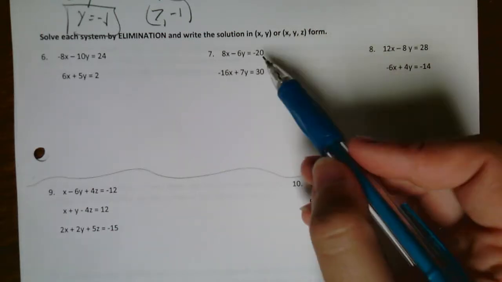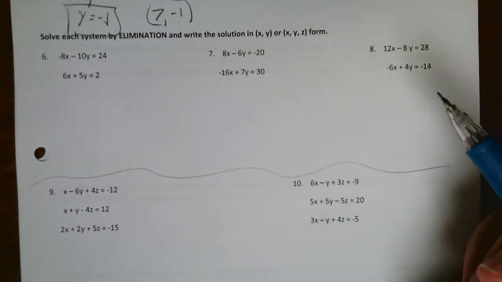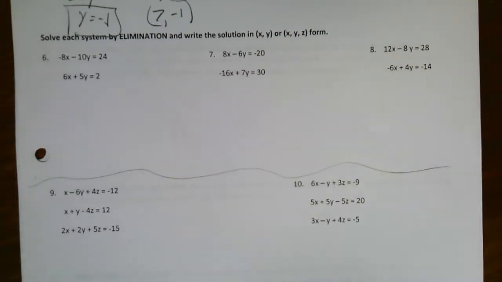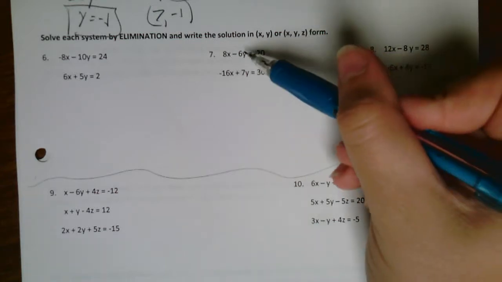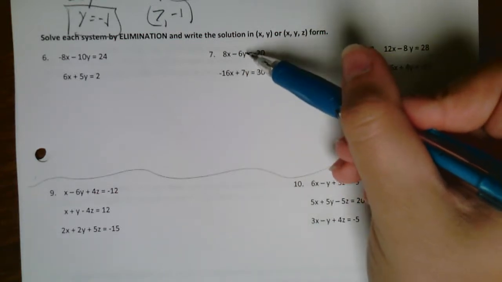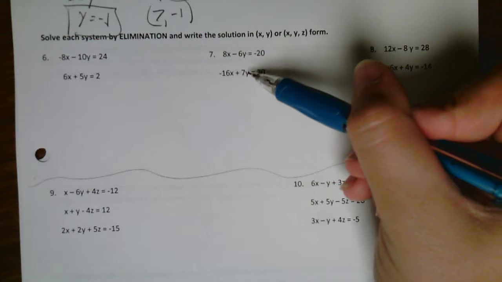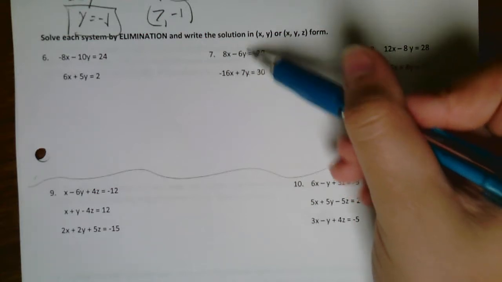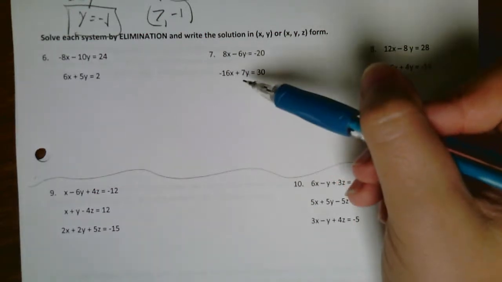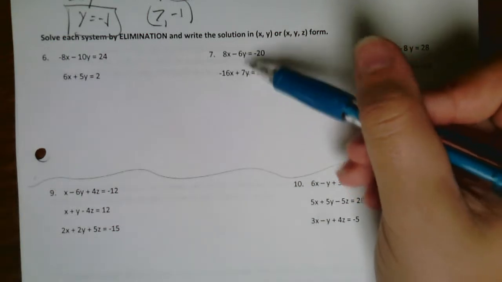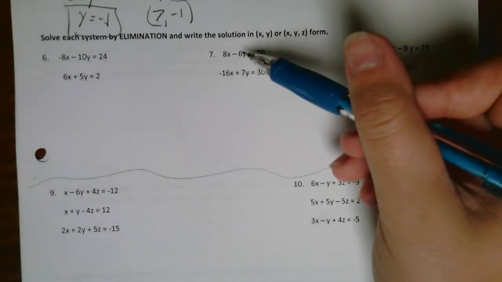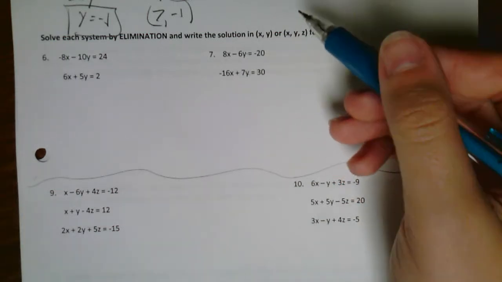If I choose to go for the 6 and the 7, I would have to figure out the greatest common or least common factor that they share. A lot of times it's going to end up being the multiple of each other. So if I wanted to get rid of the y, I would multiply this by 7 and this by 6. If you multiply them by each other, they'll end up canceling themselves out. One's negative, one's positive, that's what I'm looking for.